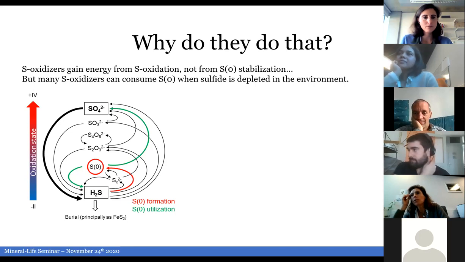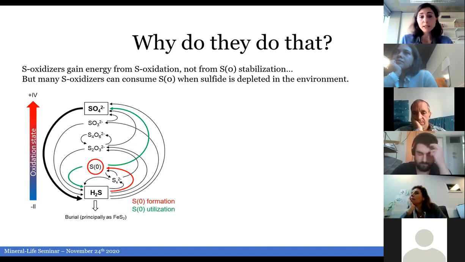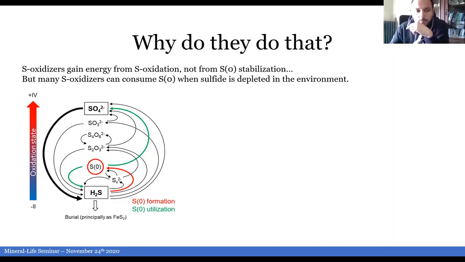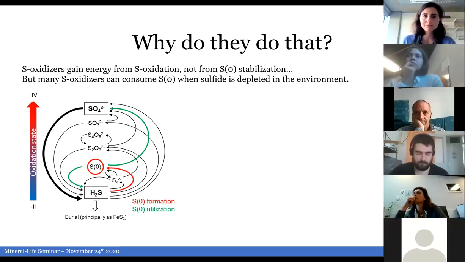Just a question: did you find a condition where you can have S oxidation and not the S0 stabilization? I was thinking about constitutively or induced production of these specific proteins, depending on the environment or stress. There are some microbes that will oxidize sulfide directly to sulfates or to thiosulfate or sulfites. So it's not all sulfur oxidizers that will form stable elemental sulfur. Does that answer your question, Lyle? More or less about your specific strain, did you find any condition?